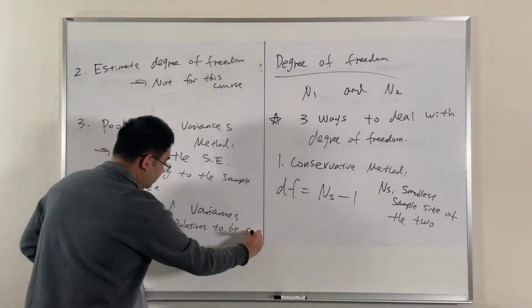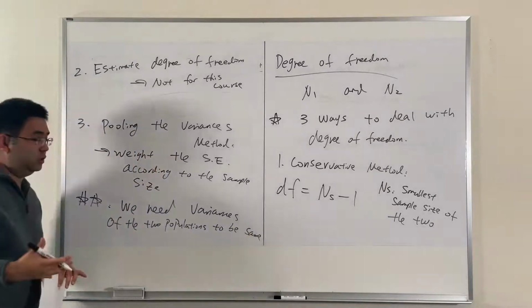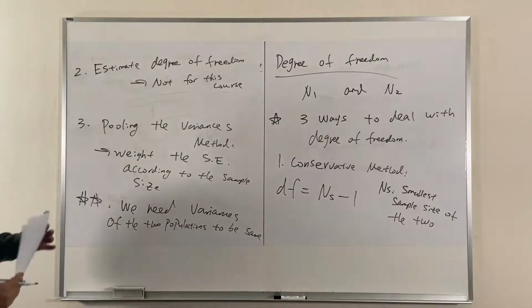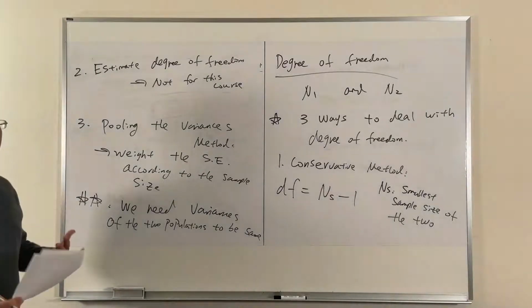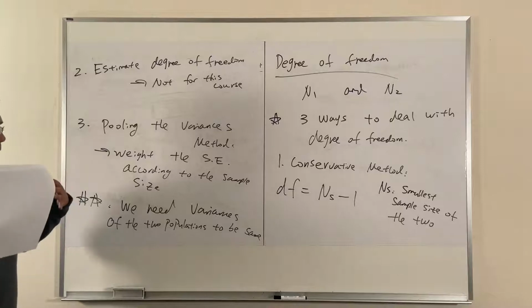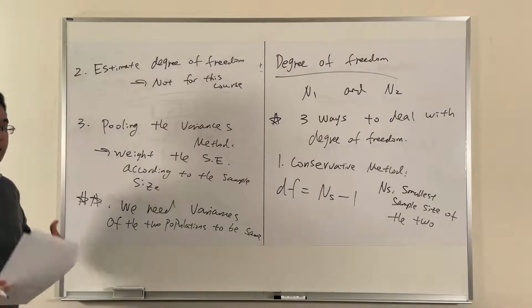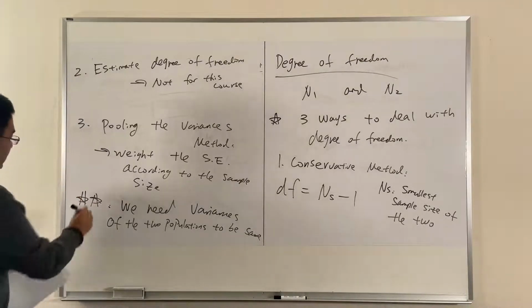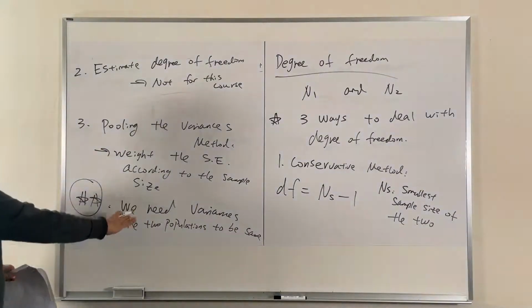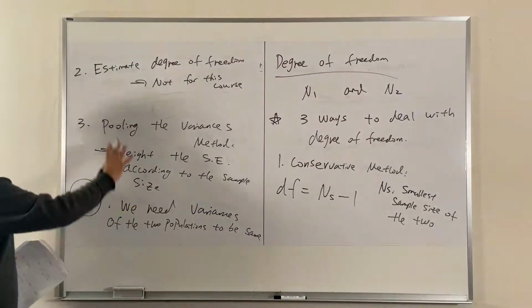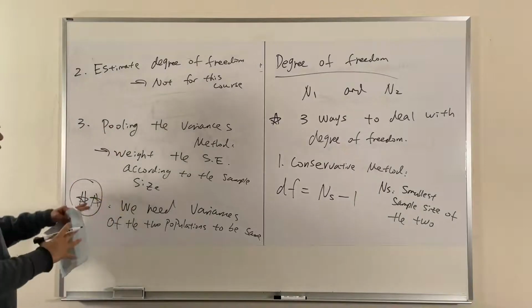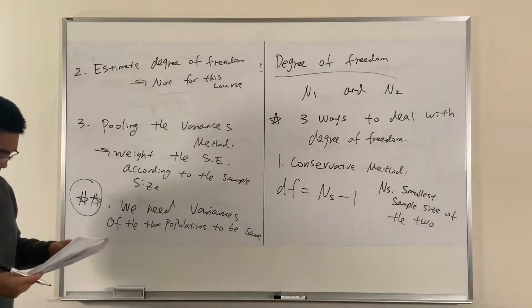This is a very strong assumption: in order for us to use the pooling method, the two population variances have to be the same. It's one of the requirements of the pooling method.